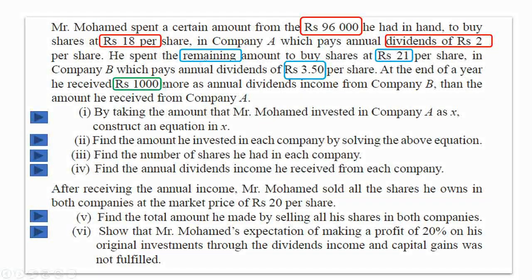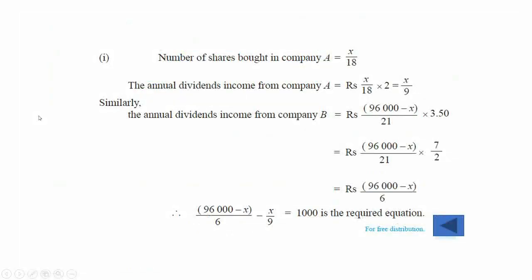Now we use this data and construct the equation. I think you remember, we take X as the investment amount of company A. If you invested X, what is the number of shares? How do you find the number of shares? You divide X by the value per share.